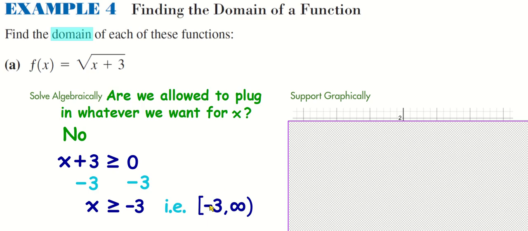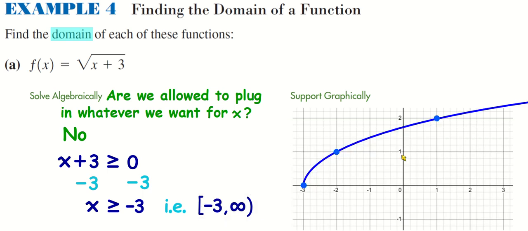But the bracket means we are including -3, going from -3 and including -3, and then everything after that to infinity. And we always put parentheses on infinities in interval notation.